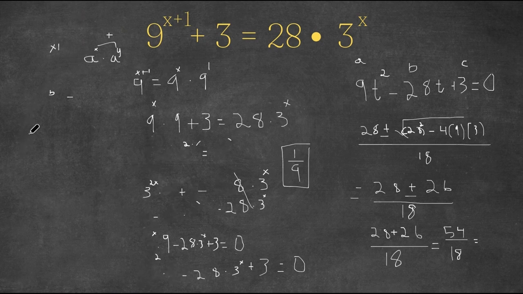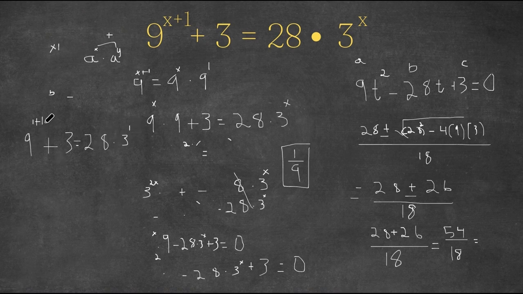So we have 9 to the power of 1 plus 1, plus 3 equals 28 times 3 to the power of 1.